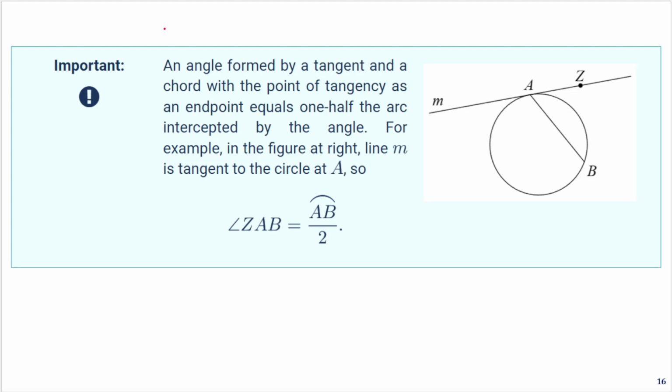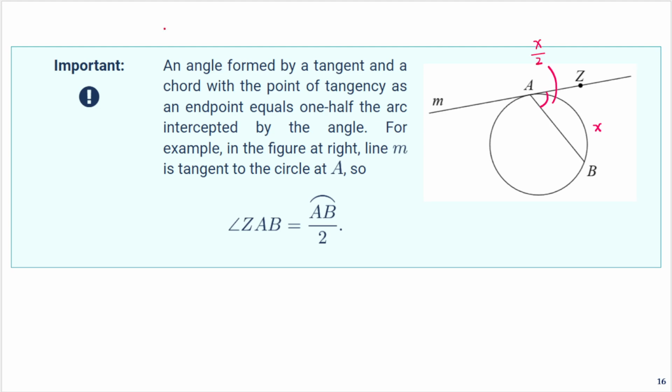For example, in the figure at right, line M is tangent to the circle at A, which means it only passes through the circle once at point A. So here, this angle ZAB equals 1/2 of the measure of the arc AB. So if arc AB equals x in degree measurement, then this angle is simply x over 2.